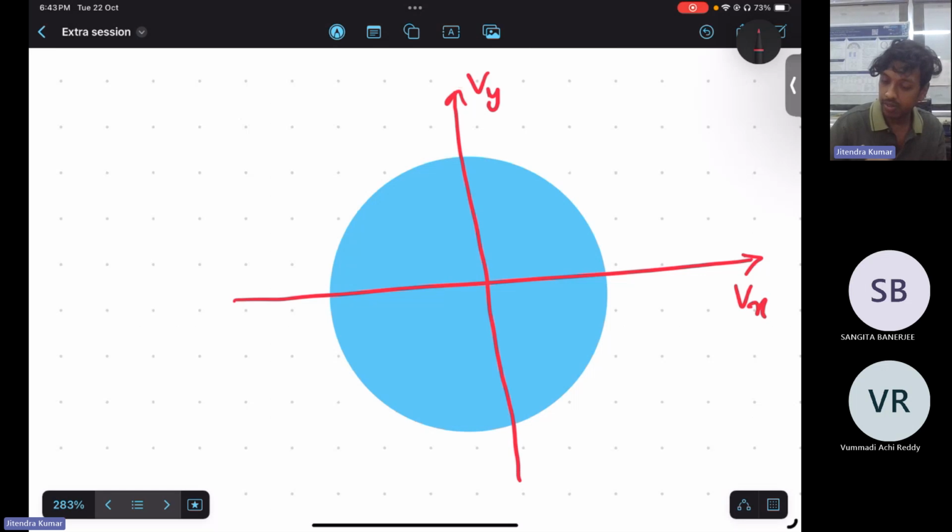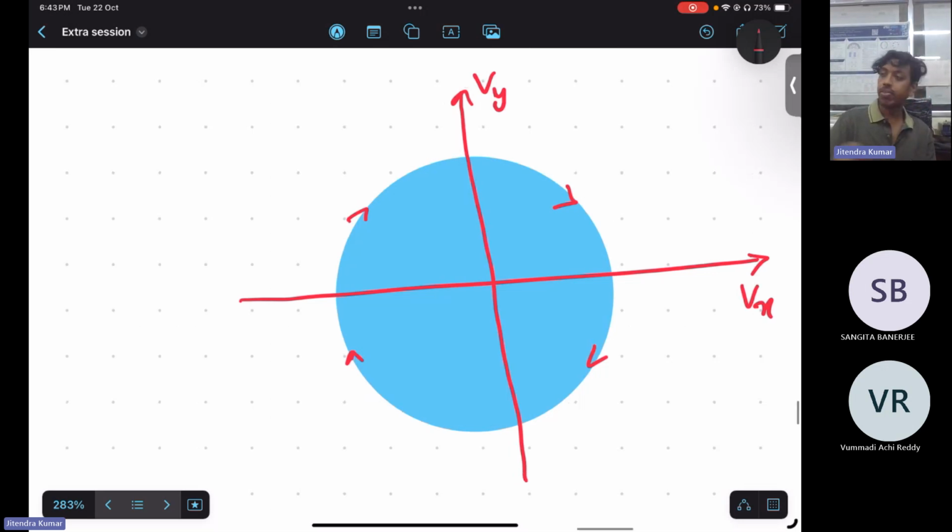Vy, Vx. The circle is going in that fashion. So now I need to know the angle between Vy and Vx. How much will the angle be?